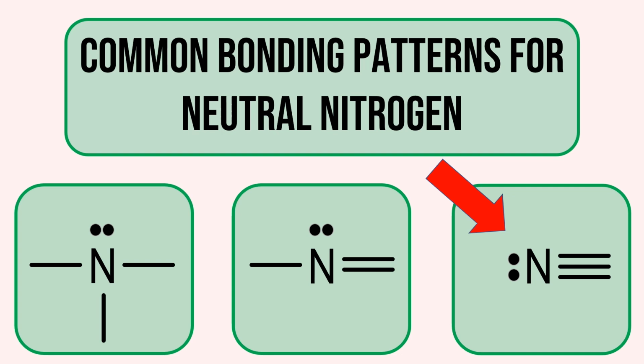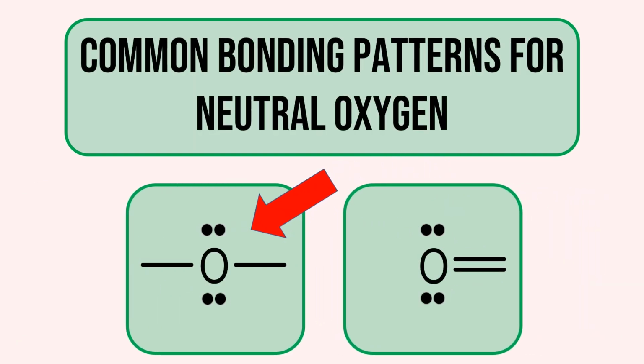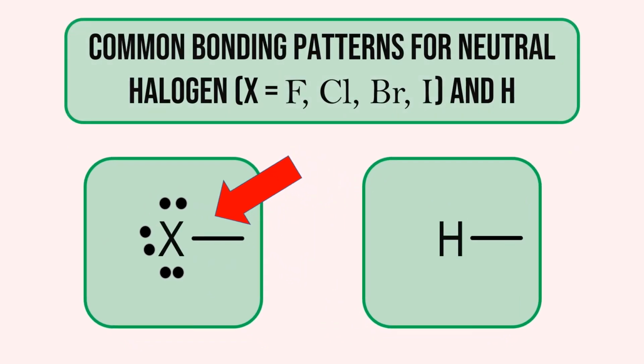Neutral oxygen will have 2 bonds and 2 lone pairs of electrons. This can be 2 single bonds and 2 lone pairs, or a double bond and 2 lone pairs. Finally, the halogens, which include fluorine, chlorine, bromine, and iodine, will typically bond only one way, a single bond with the halogen atom having 3 lone pairs.